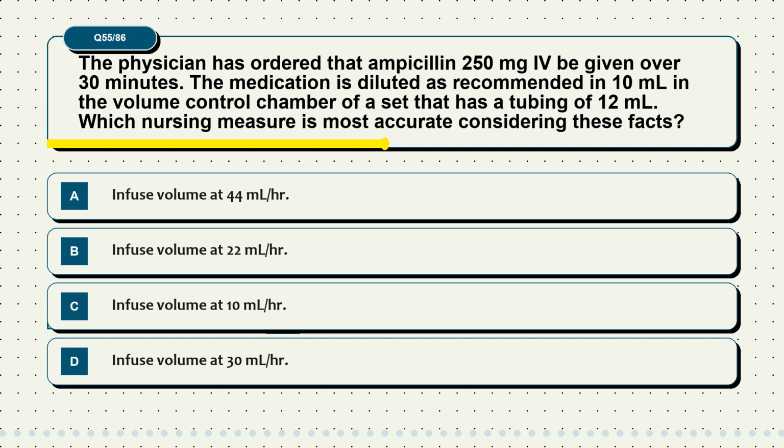Here are the options. Option A. Infuse volume at 44 ml/hr. Option B. Infuse volume at 22 ml/hr. Option C. Infuse volume at 10 ml/hr. Option D. Infuse volume at 30 ml/hr.